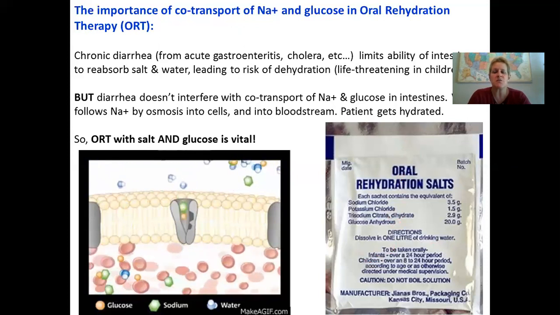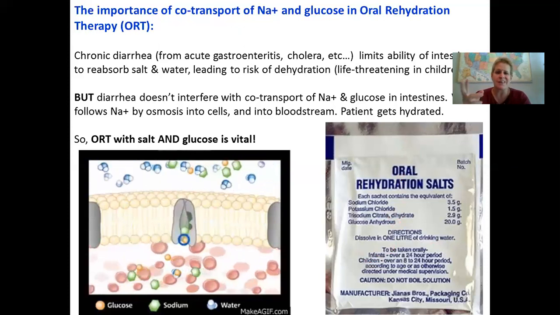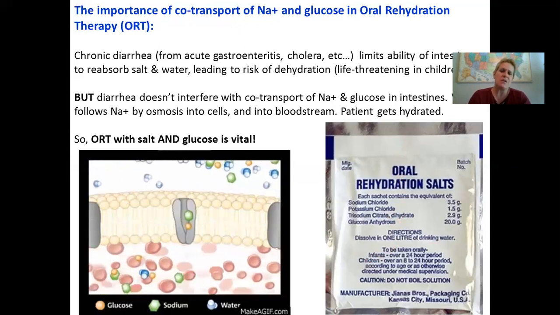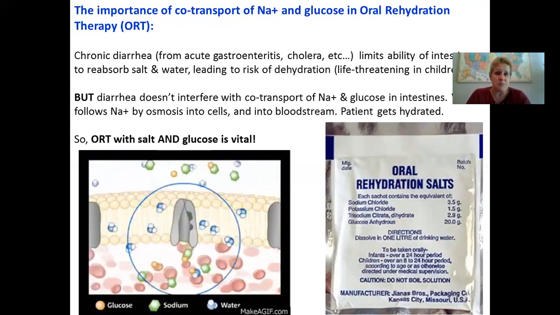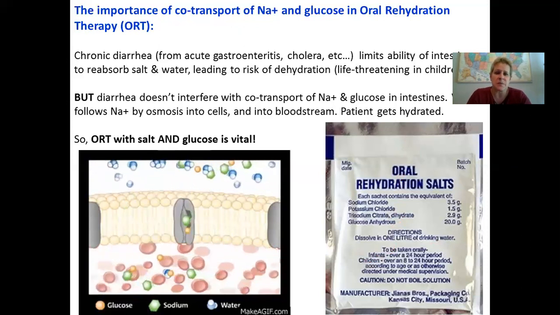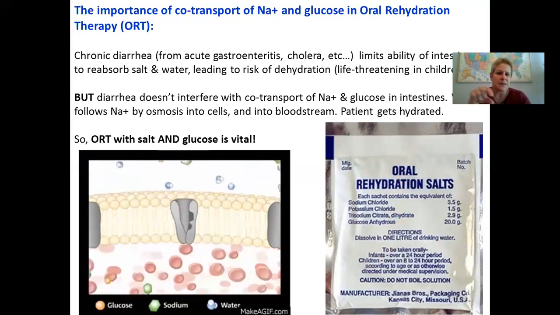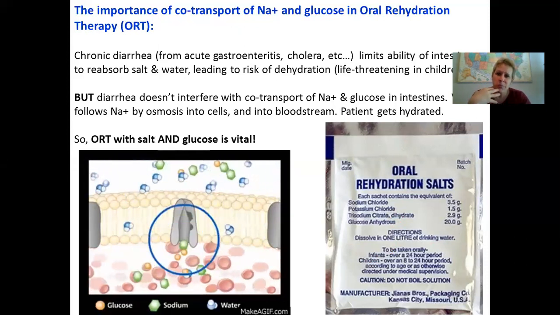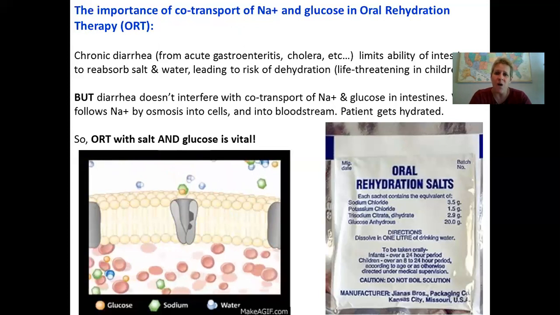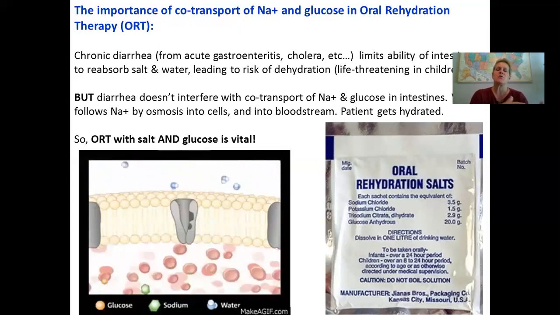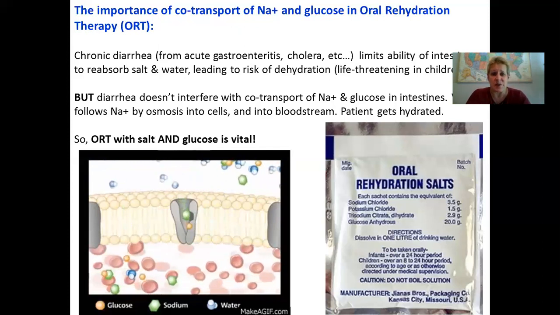This is the essence of why Gatorade or these other, I don't want to say energy drinks, but these hydrating drinks hydrate someone who's dehydrated much better than plain water. Because if you drink something that's got a little bit of salt and a little bit of glucose in it, it's going to help hydrate them better than if it was pure water, okay? And it has to do with co-transport, which is a form of secondary active transport.